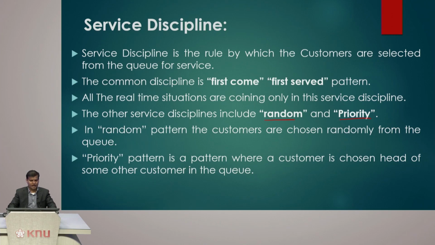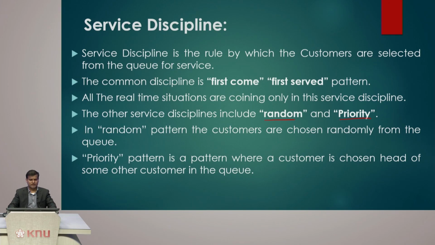Then comes the priority pattern. As an example of this kind of service discipline, in the vehicular context an ambulance might get higher priority of service, or at times VIP or VVIP vehicles get higher priority in a system and are served first.